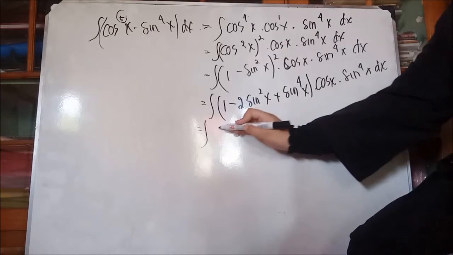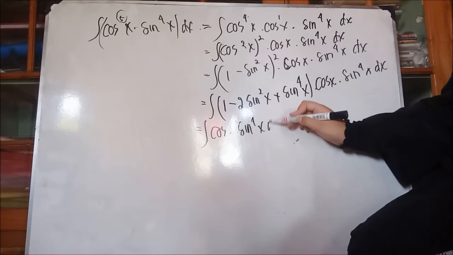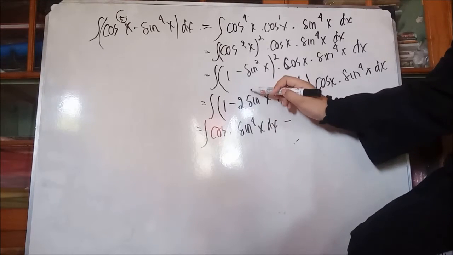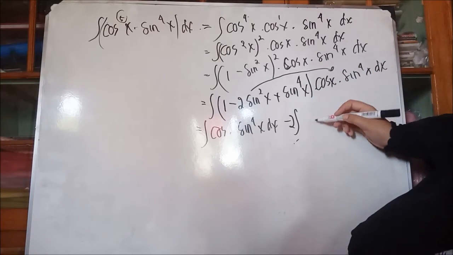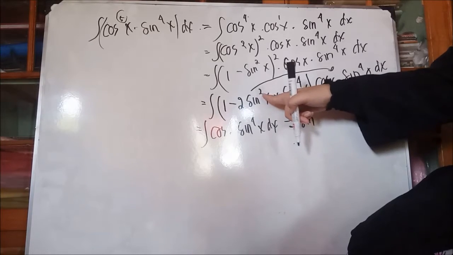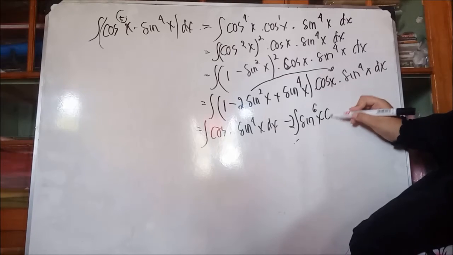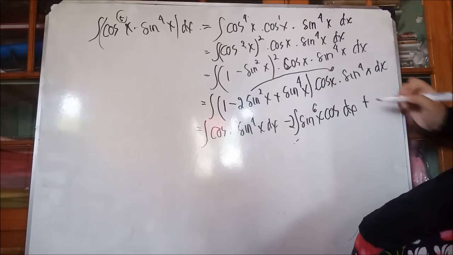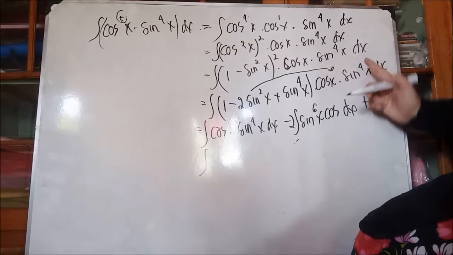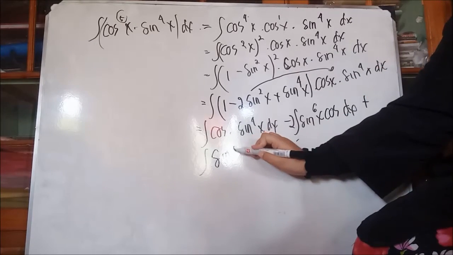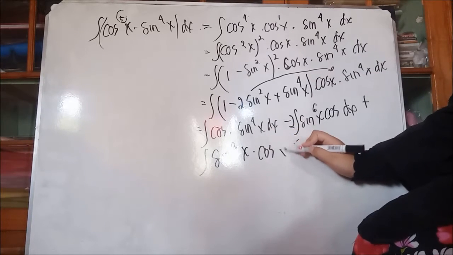This is the integral of cos x sin to the power of 4 x dx minus, we can multiply this with this, taking 2 in front of the integral: sin, this is 2 and this is 4, so it means that we have sin to the power of 6 x cos x dx, and then plus the integral of sin to the power of 4 times sin to the power of 4, so it means that we have sin to the power of 8 times cos x dx.